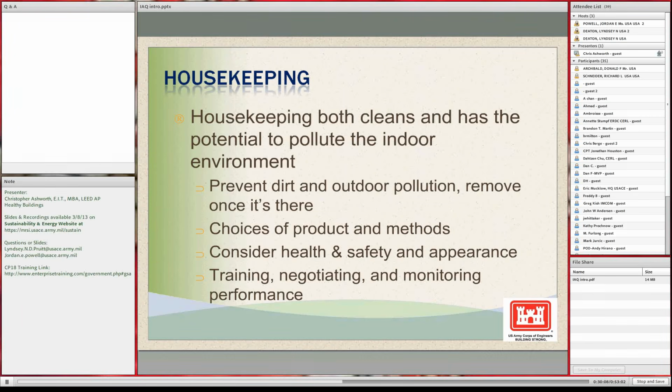Now on to housekeeping. So housekeeping, daylight cleaning and various issues like that are great things, and it's fantastic. But we also have to take into account the management of not just the perception of those, but the management of what the housekeeping staff and team is doing. So using green chemicals, using different types of vacuums, etc., can prevent self-pollution, I guess you could say, of the cleaning systems.